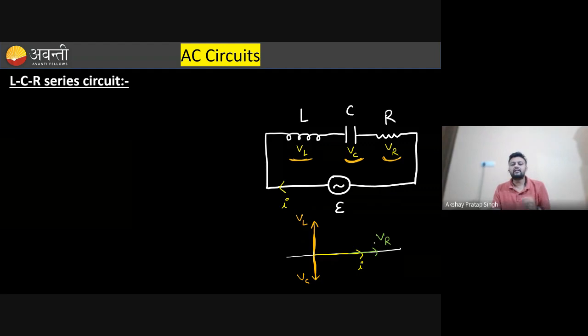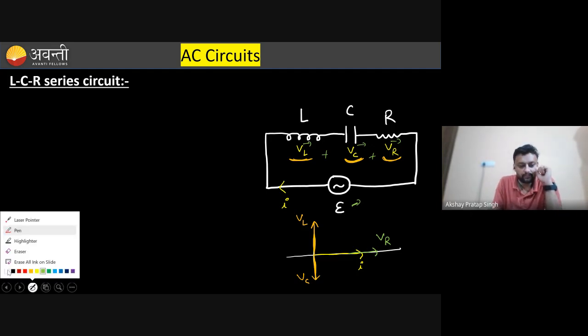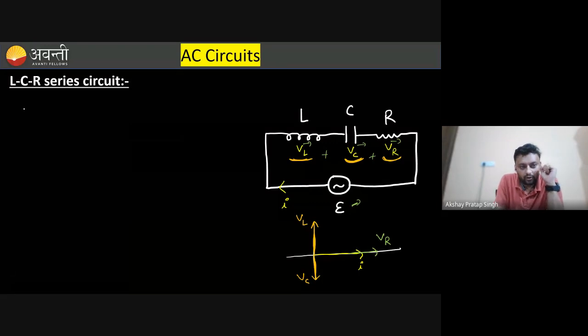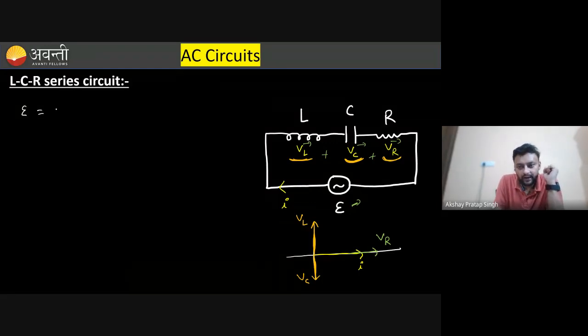Now you have three vectors and the vector sum of these three quantities will give you what? It will give you total applied EMF. So if I write the statement, total net EMF is equals to vector sum of VL plus VC plus VR.